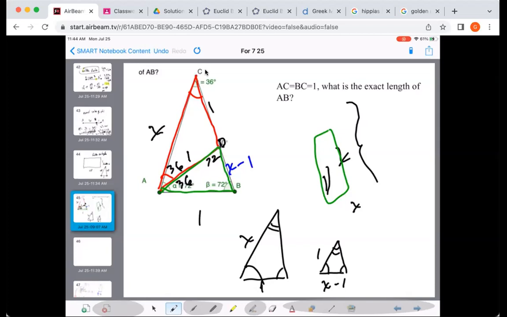X over 1 equals 1 over x minus 1, which turns into x squared minus x equals 1, which turns to x squared minus x minus 1 equals 0, which is the exact same quadratic equation from before.